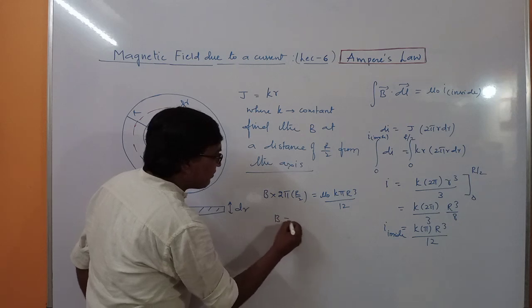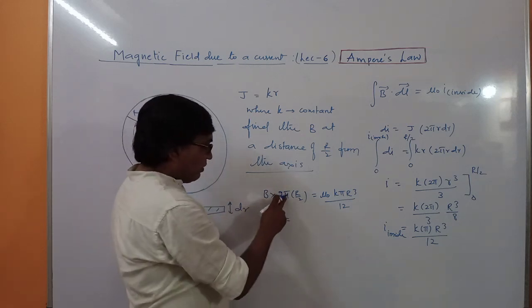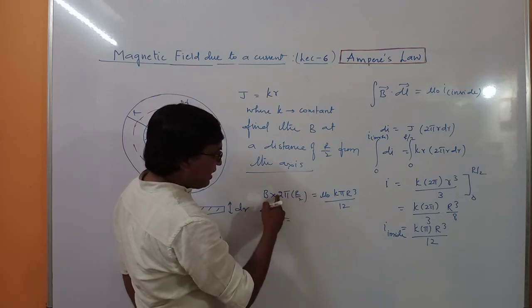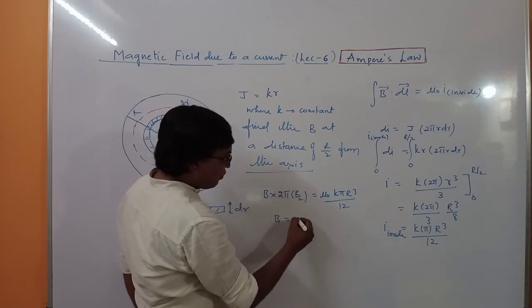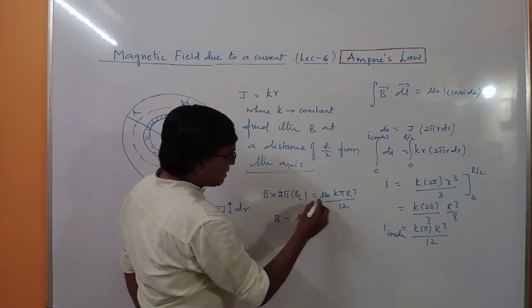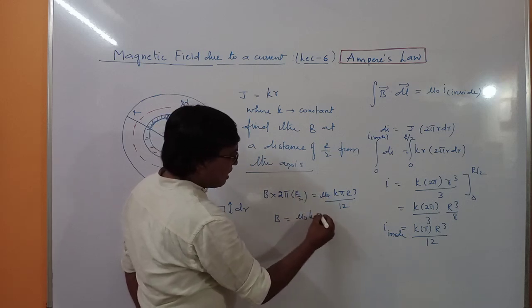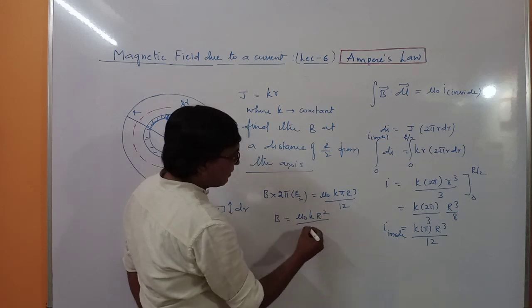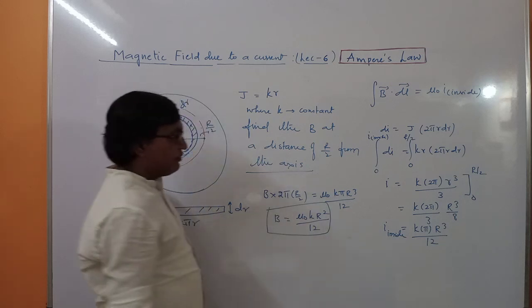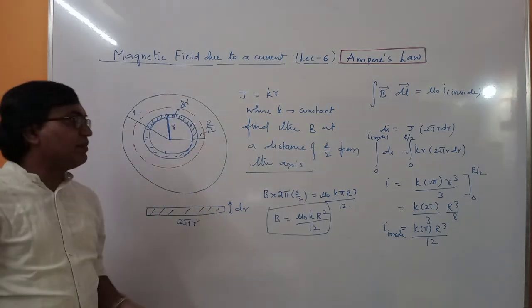So B will be equal to, the 2 cancels with this 2, pi cancels, r cancels, so mu naught k R squared by 12. So this is the magnetic field at distance R by 2.